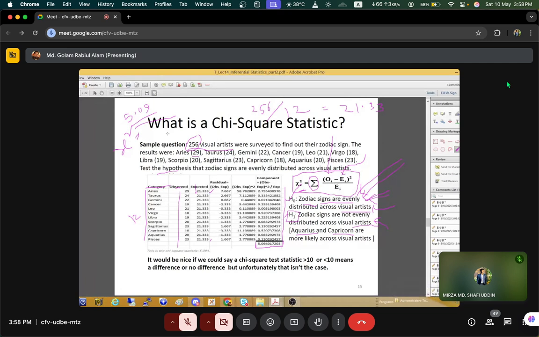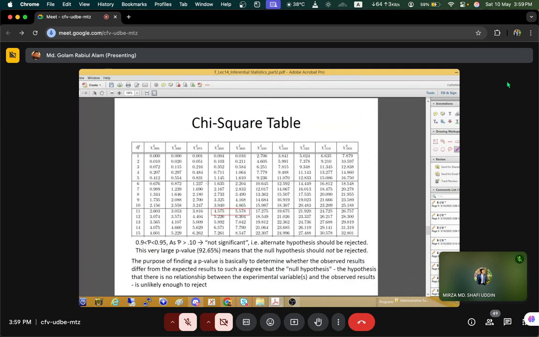For that, we have to find the degree of freedom again. In this case, the degree of freedom is total 12 minus 1, so that is 11. There are 12 groups, and 12 minus 1 gives degree of freedom 11.